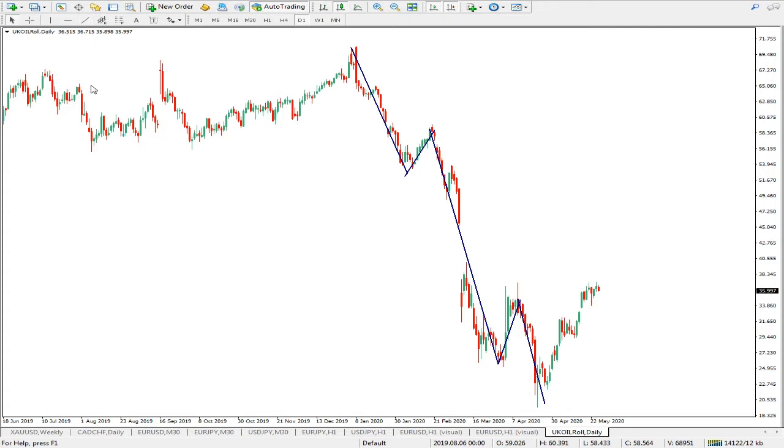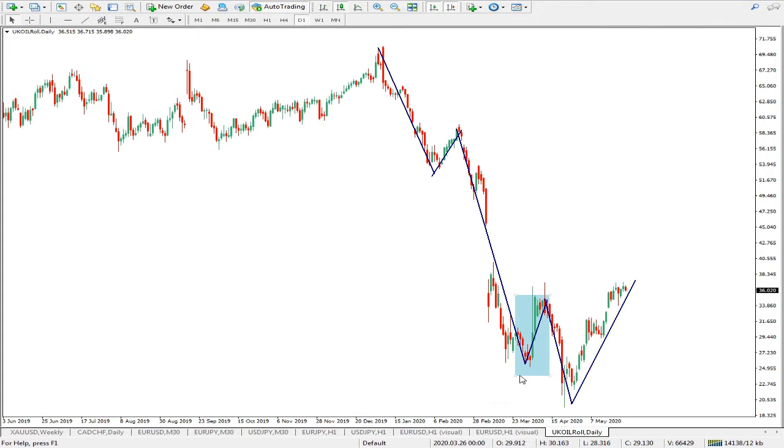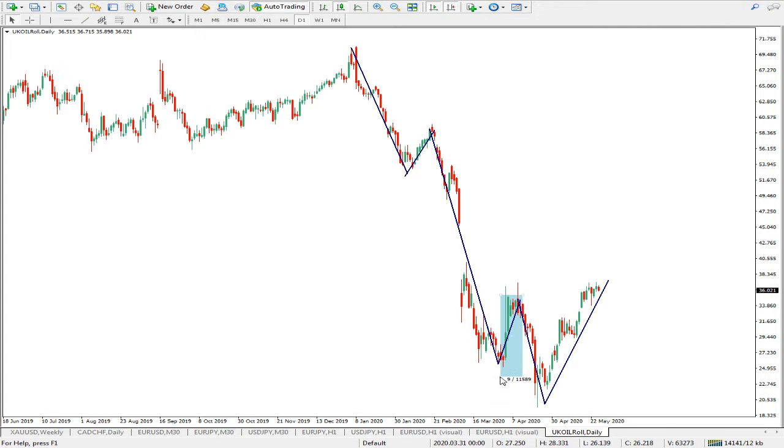For the first time we've seen a major retracement. We had a sell from this point, that is a correction, and then for the second time we've seen another major retracement.